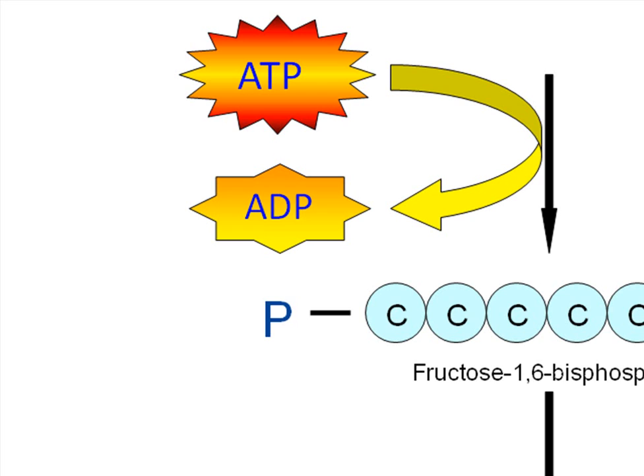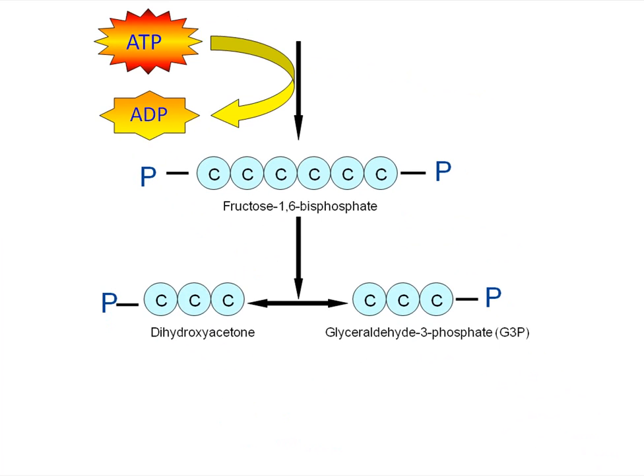We make both of these from the splitting of glucose in the energy investment phase. However, it is only glyceraldehyde 3-phosphate that can proceed on into the second stage of glycolysis. So as we proceed from this point forward, it is only glyceraldehyde 3-phosphate that is moving on.